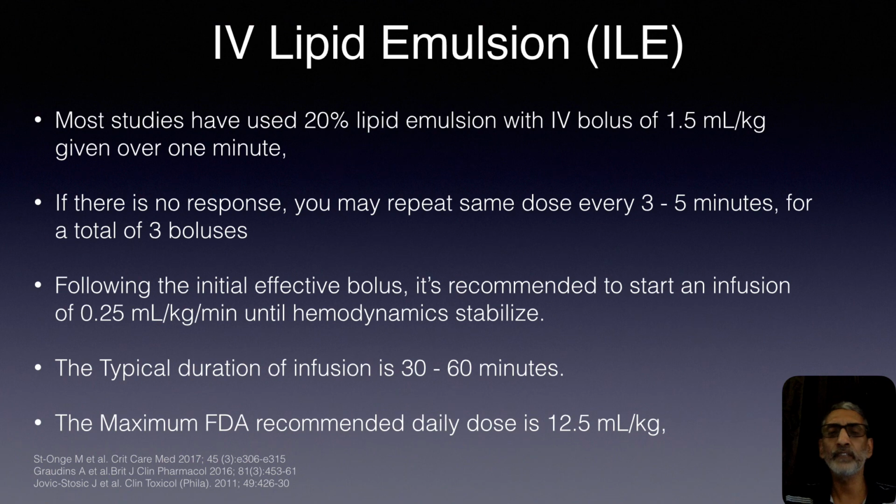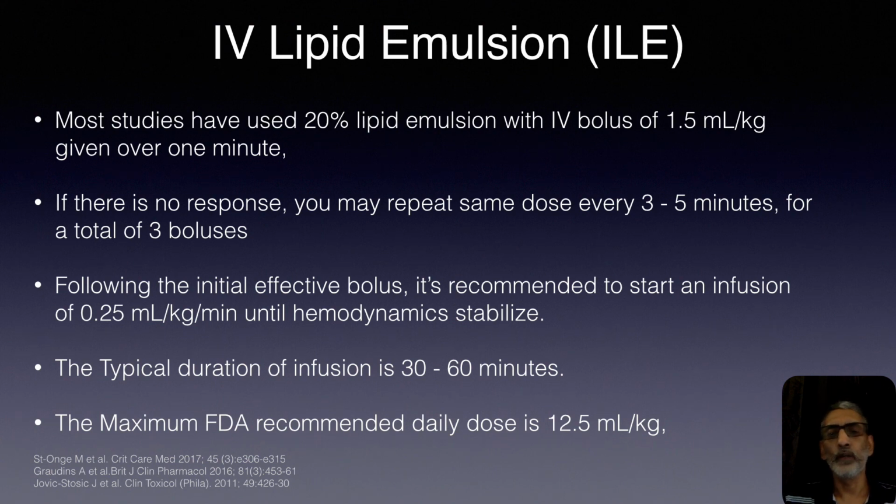Most of the studies have used 20% lipid emulsion as an IV bolus, 1.5 ml per kg. You give it over 1 minute. If there's no response, you may repeat the same dose every 3 to 5 minutes for a total of three doses.